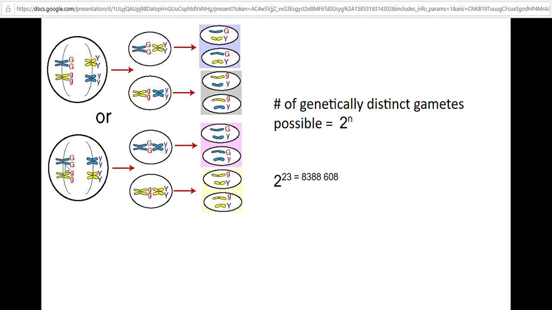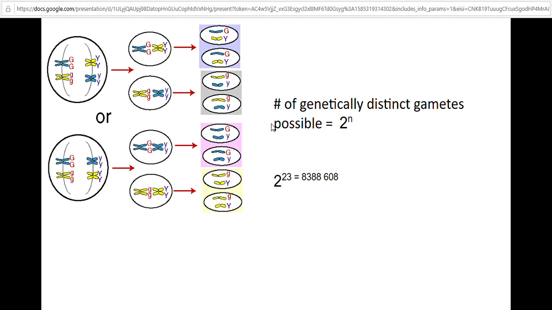Say, for example, we assume this to be the chromosome inherited from mom, and this one to be inherited from the father. They have two different versions of the same chromosome. During meiosis, the homologous chromosomes separate, and then the sister chromatids divide, forming gametes.